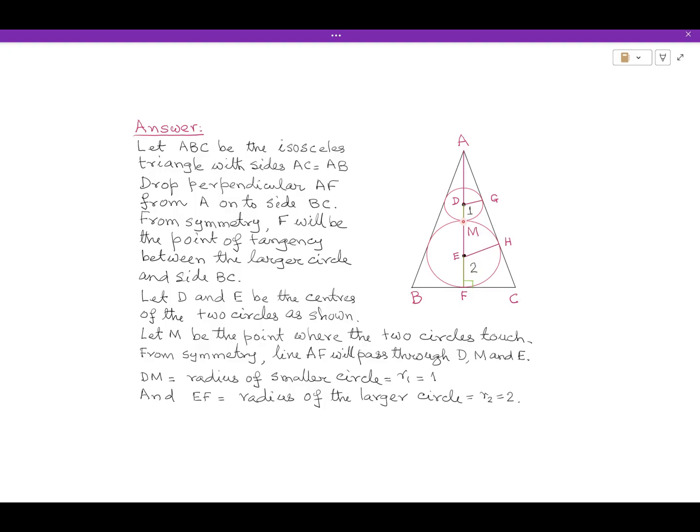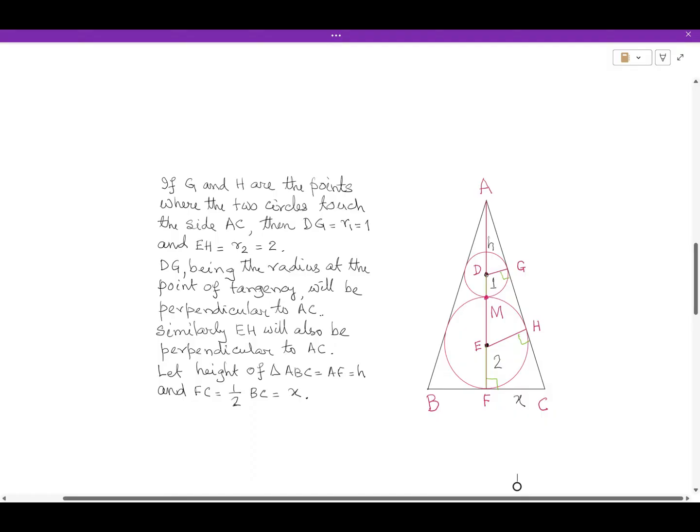From symmetry, line AF will pass through D, M and E. Then DM is the radius of the smaller circle, that is 1, and EF is the radius of the larger circle, that is 2. It is given.